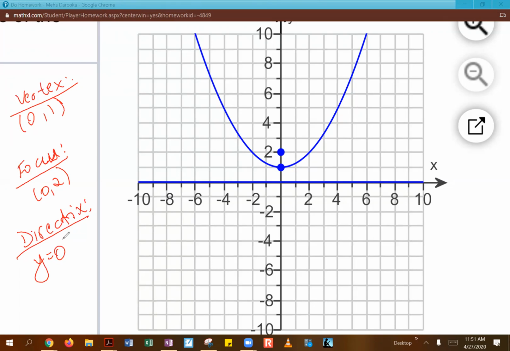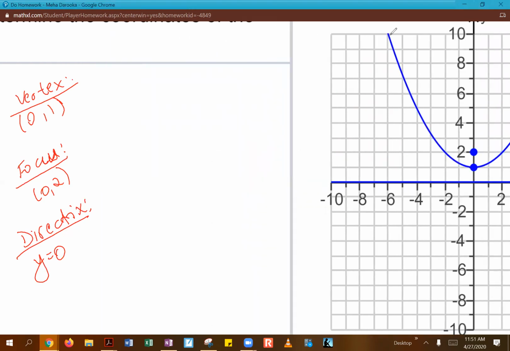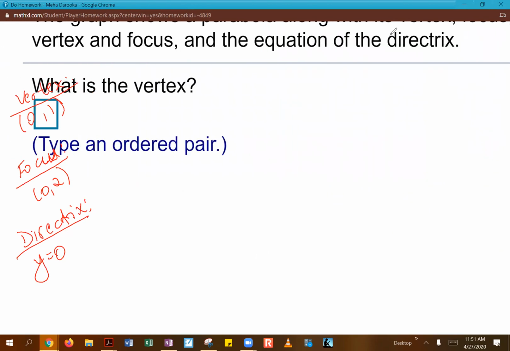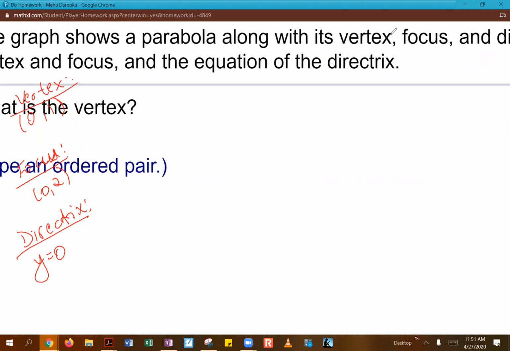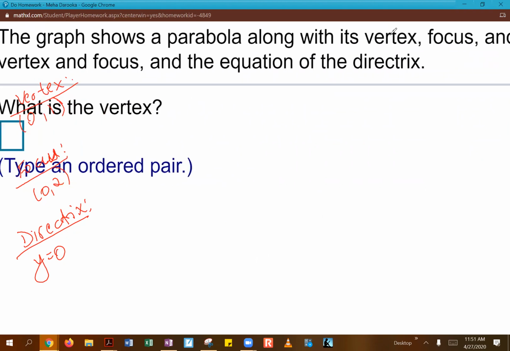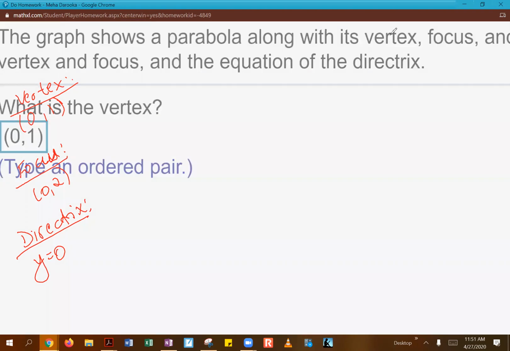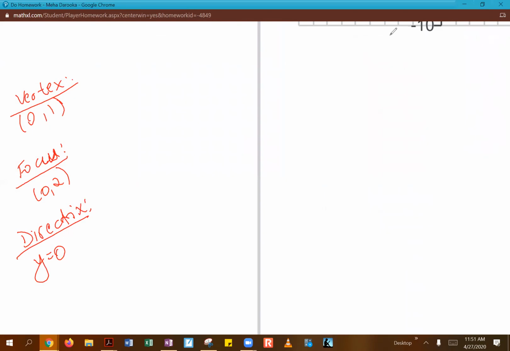All right, let's plug these answers in and let's see what they say. They're asking us to put in our vertex, which was 0, 1 already.